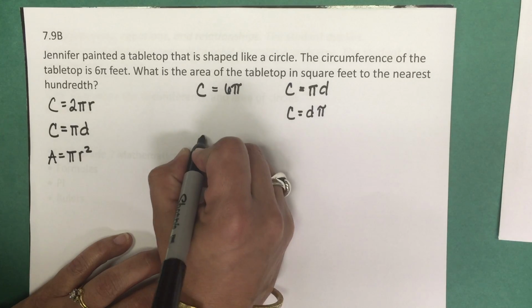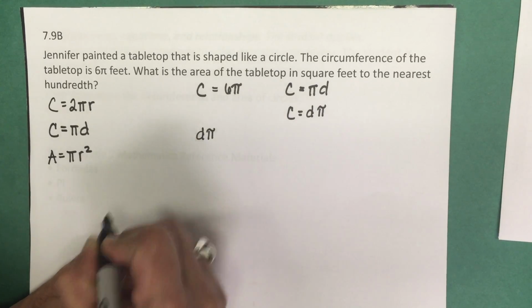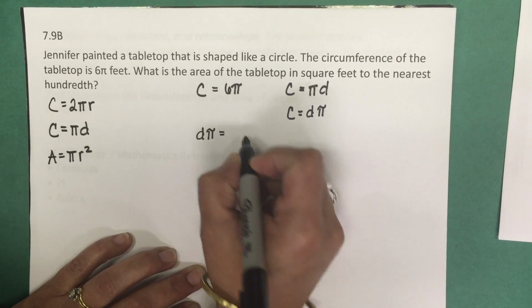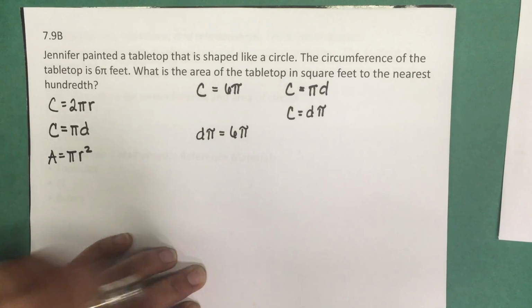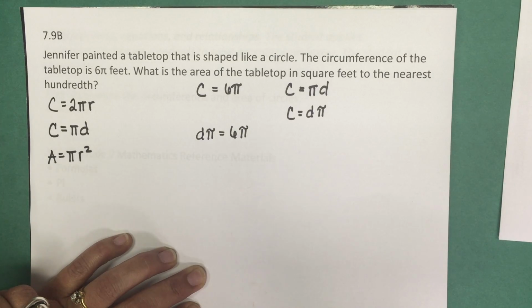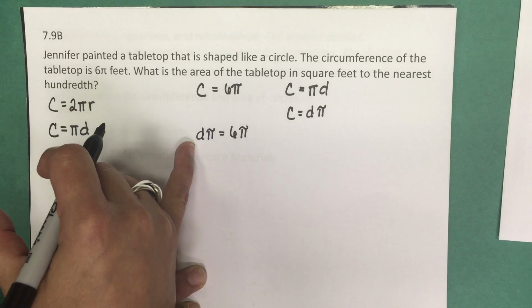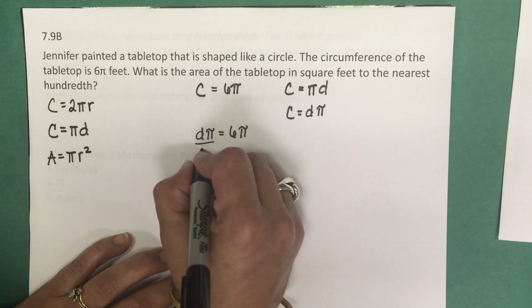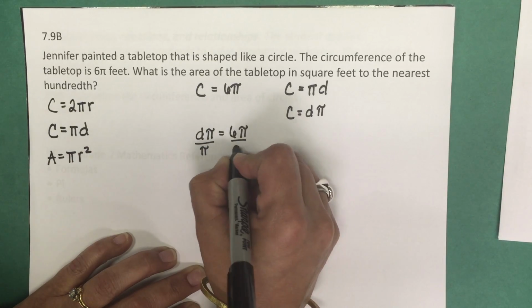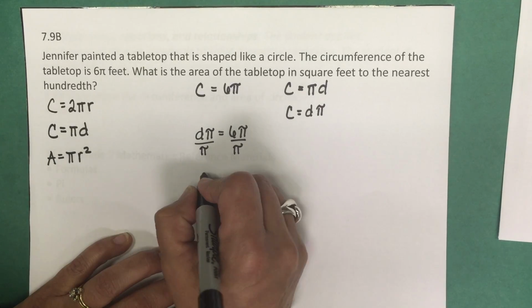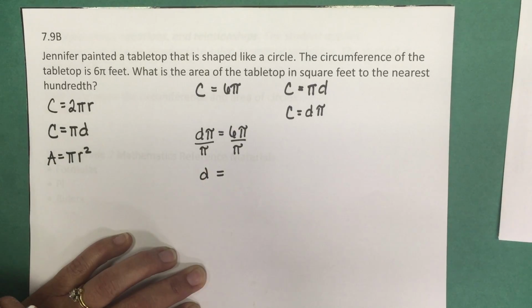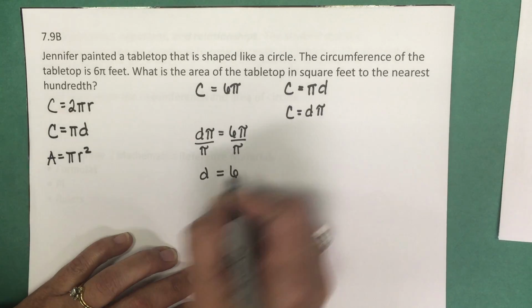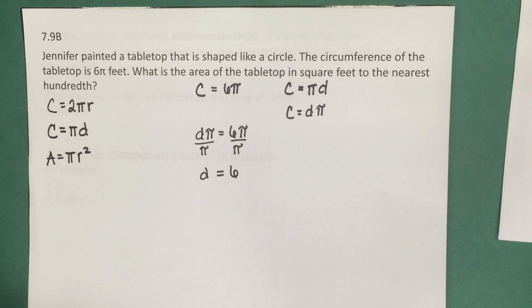So that's what I'm going to do. d times pi equals 6 times pi. I want to find the diameter, which is d, so we're going to isolate that variable by dividing both sides of this equation by pi. And that's going to leave us with the diameter, or d, is 6 feet.